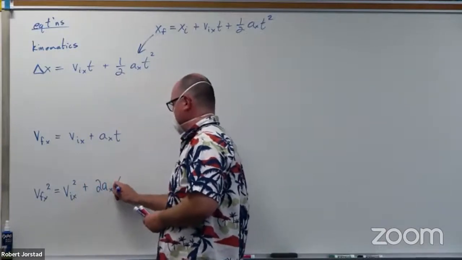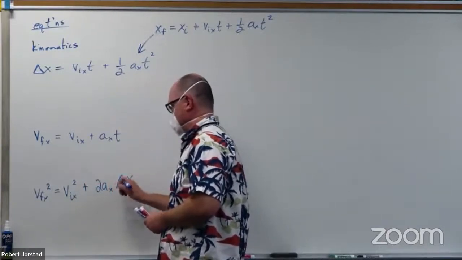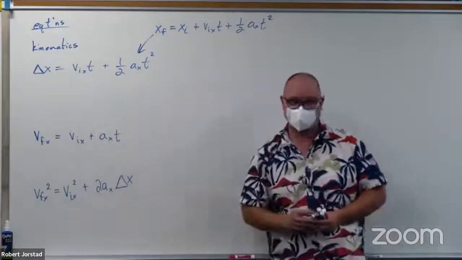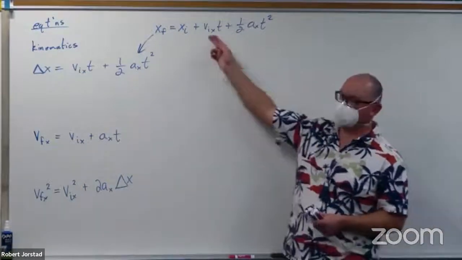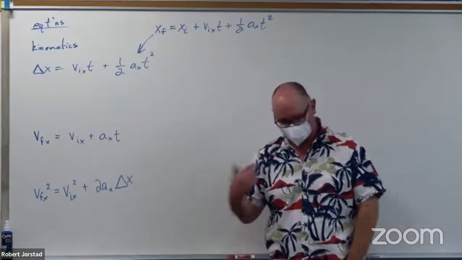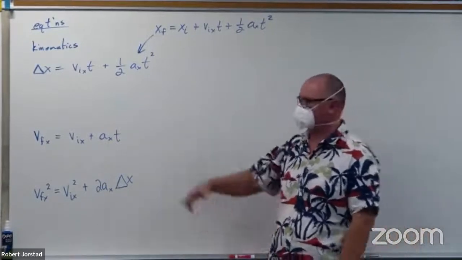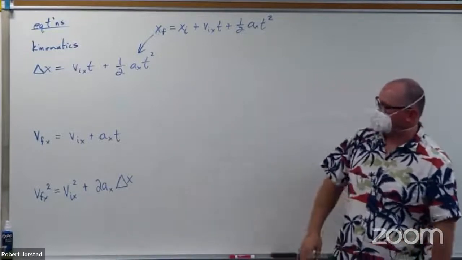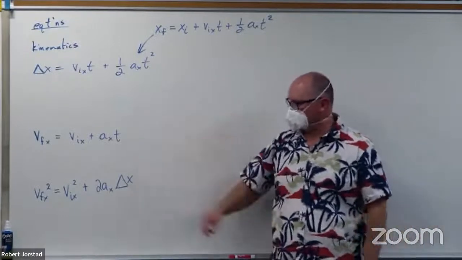The reason I like this one is it's just one less variable to write. So that's why oftentimes we use the delta x equation. But you can totally use this initial and final. It works great. I think that's actually how I learned it when I was in college, and then I just got out of that habit and got into this stuff. These I call the big three kinematics equations.